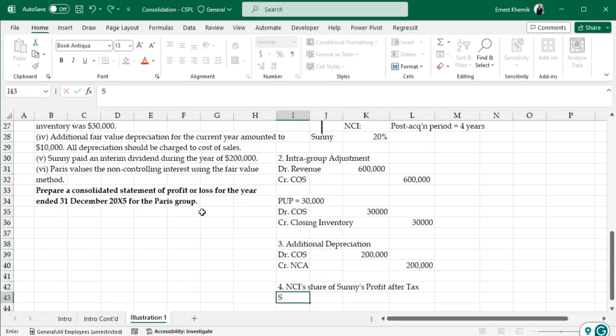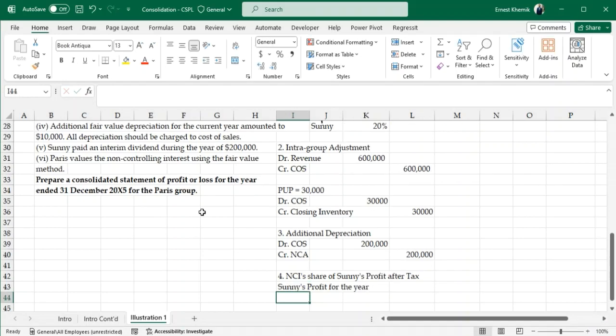So we'll have the subsidiary, which is Sunny, so Sunny's profit for the year. Then we are going to adjust this particular profit for any item that affects the NCI, or this particular profit of the subsidiary, within the post-acquisition period.